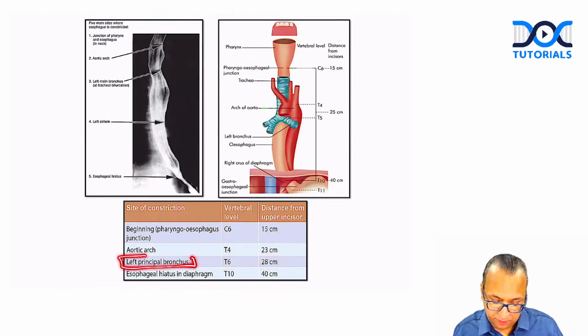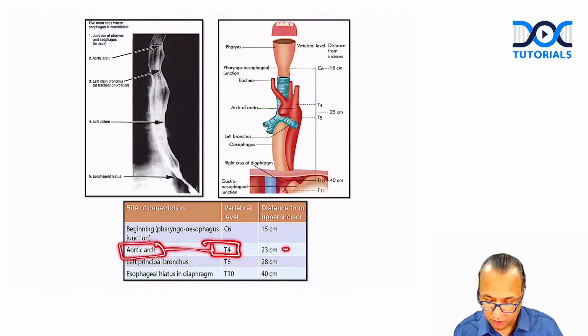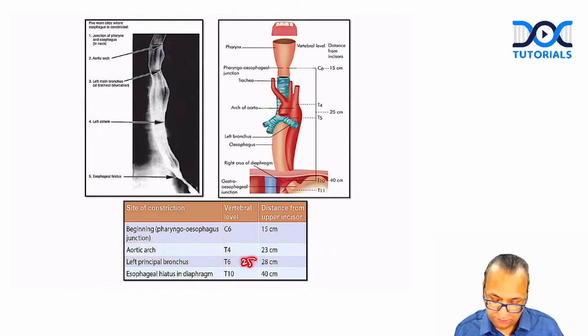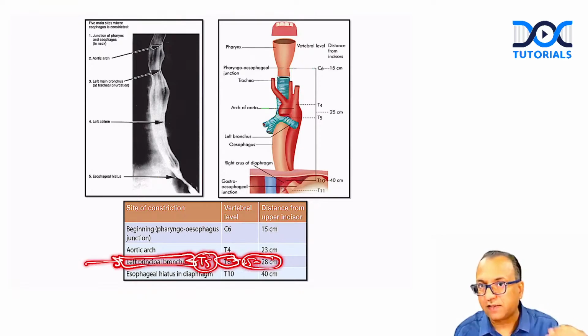So left principal bronchus, it is T5 to T6, I'm adding, and it is 25 to 28 centimeter, I'm adding. Though I'll prefer 28, T6 and left principal bronchus, because then it is clean Gray's anatomy. But as I told, Sebastian surgery: aortic arch T4, 23 to 25 centimeter, add it. And 25 to 28 centimeter, T5 to T6, add it, left principal bronchus. I'm adding some details to Gray's anatomy.